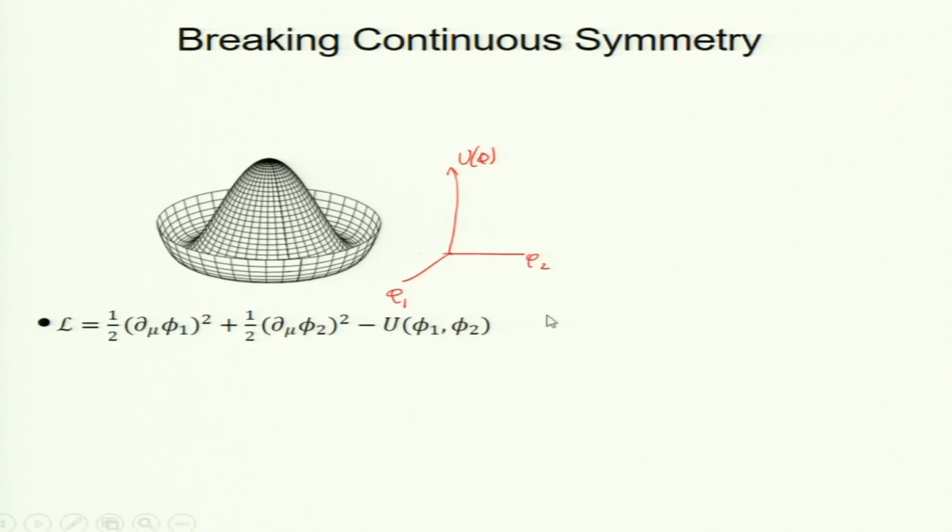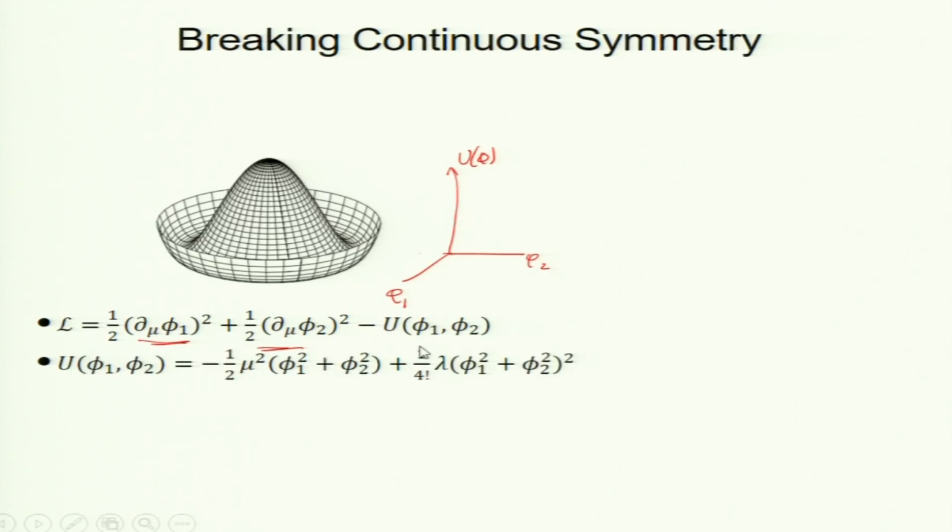Now, my Lagrangian is this. Okay. I have 2 fields. So, I write down exactly the same form as for a scalar, but I add them. Now, my potential U is again a similar form, except instead of phi squared I have phi 1 squared plus phi 2 squared, and here it is phi 1 squared plus phi 2 squared, squared.